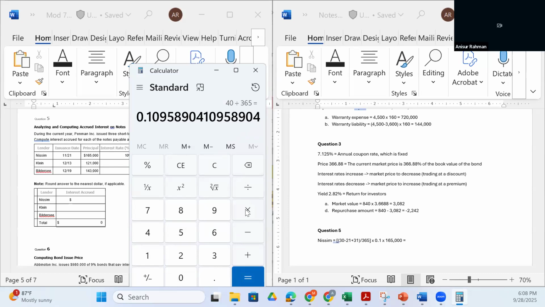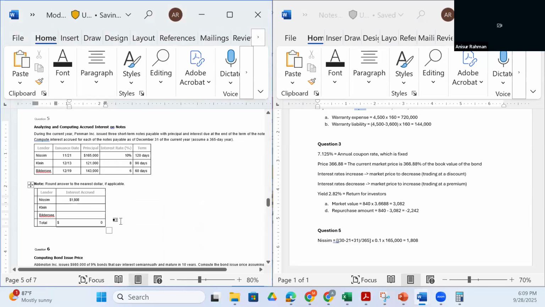And then you multiply by 0.1, multiply by 165,000. So to the nearest dollar, I'll just enter $1,808. So you can follow the same process for each of these.